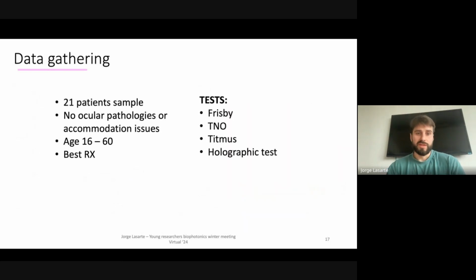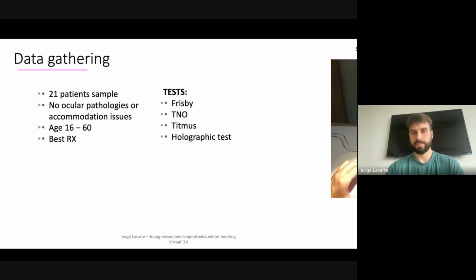The data gathering was very simple. We just wanted participants between age 16 and 60 with the best prescription and with no ocular pathology or any accommodation issues. We had 21 patients as a sample, and we compared them with Frisby and Titmus and our holographic test.